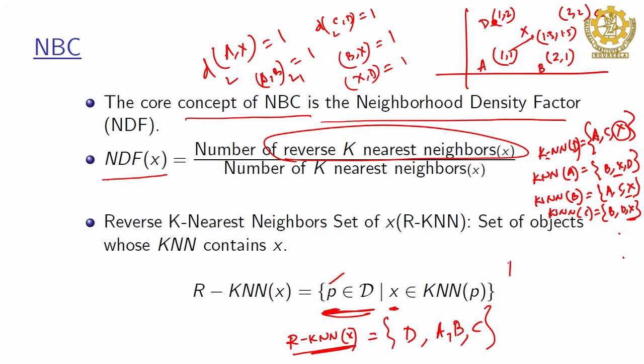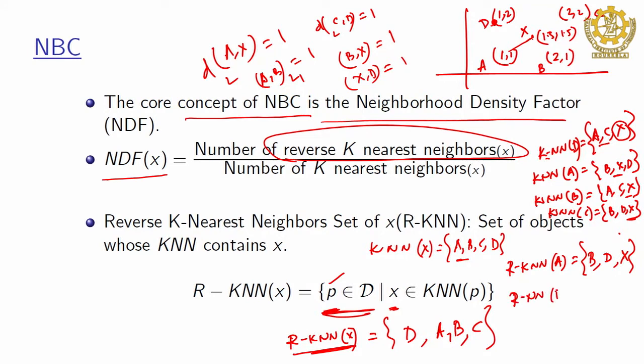Now, can you calculate the reverse KNN of A? A is appearing in B, so it should be B. Then A is appearing in D, so it should be D, and then we did not compute the KNN of X. So, for all points you have to compute the KNN; the KNN of X will be A, B, C, D. So, A is appearing here, so this will be X. So, what will be the reverse KNN of the point B?